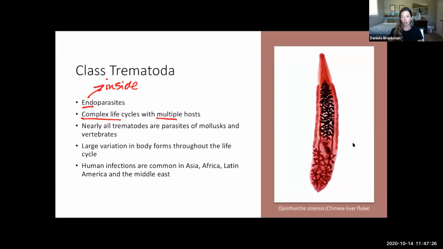This is a human parasite. It parasitizes the liver of its human hosts, and it can be acquired by eating undercooked meat. Again, not a big issue so much here in North America, but in some of the developing areas of the world, it is something that you can definitely get.